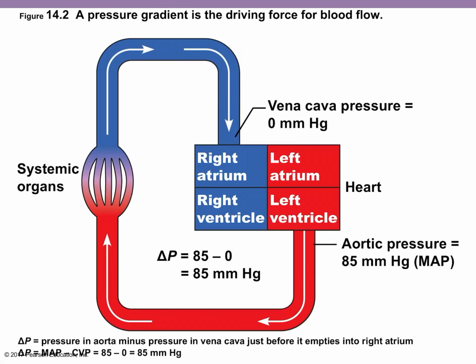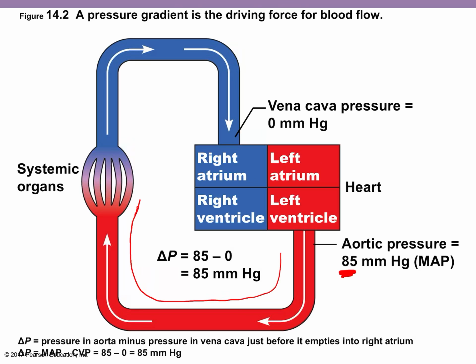So let's look at what's happening in your systemic circuit. Here we have the aortic pressure. The aortic pressure is high. It's the highest that you're going to have in the body. So it's 85 millimeters of mercury. And the blood's going to leave that left ventricle and travel through the system. While it's going through the system, it's going to lose pressure.